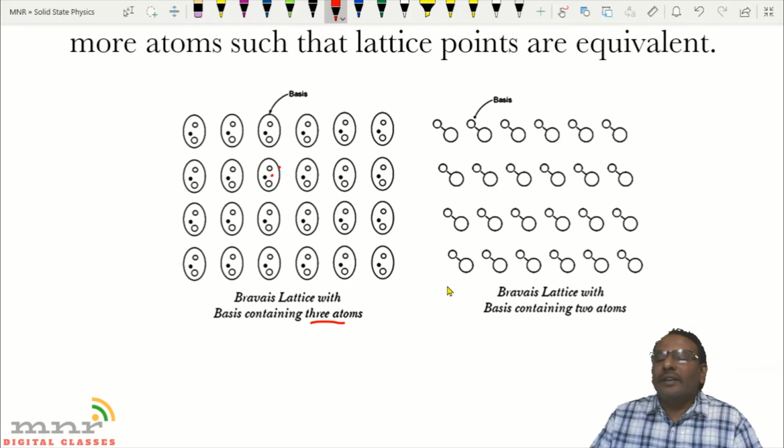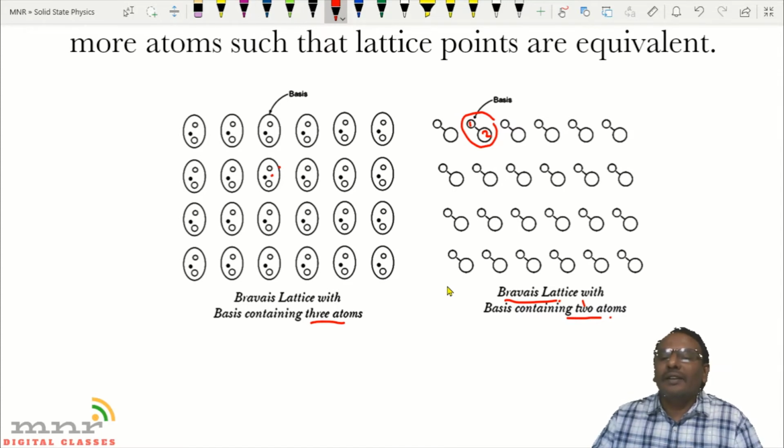Now consider the second one, the figure on the right side. This represents a Bravais lattice with the basis containing two atoms. This is the first atom, this is the second atom. These two together constitute the basis of this crystal structure.